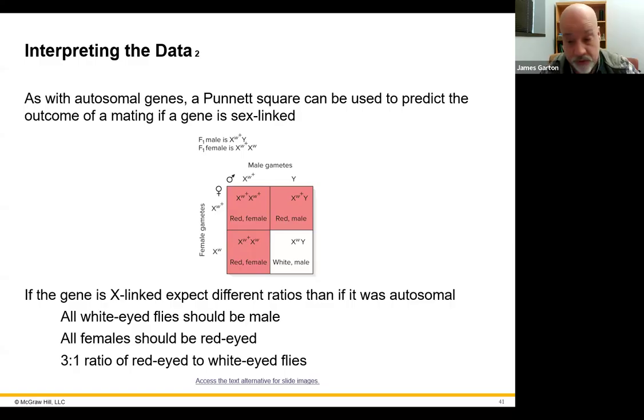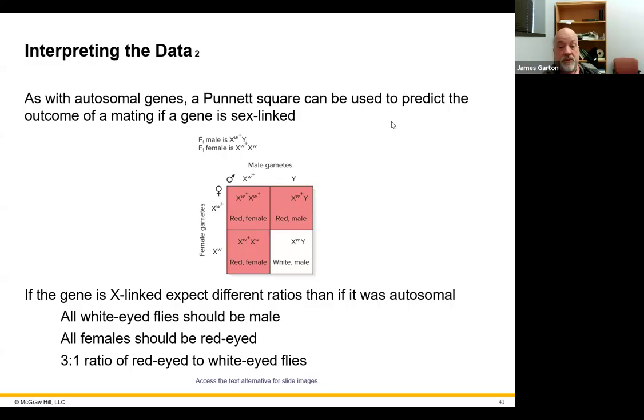But by this time, the sex determination pattern used in fruit flies was known. And it was known that the female fruit flies were XX and the male fruit flies were XY. And that would lead to the conclusion that not only was this white-eyed allele recessive, it was on the X chromosome.